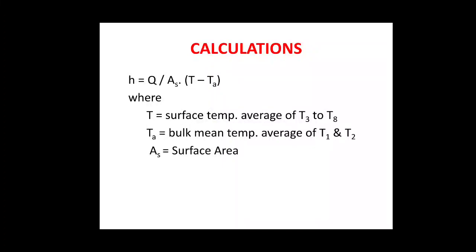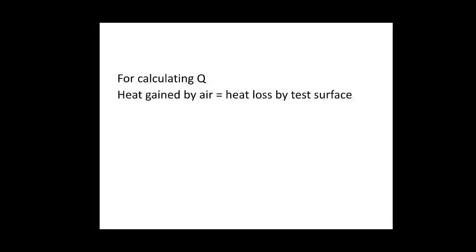Now, how to find out what is Q in this case? For calculating the Q, we know that heat gained by the air is equal to the heat lost by the test surface. That is, whatever heat is lost by the test surface will be gained by the air. That means that much heat is transferred from the test surface to the air.